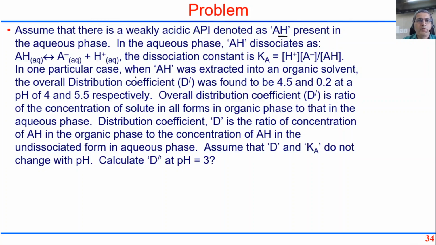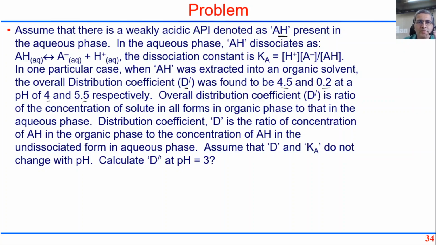Now in one particular case, when AH was extracted into an organic solvent, the overall distribution coefficient D prime was found to be 4.2 and 0.2 at a pH of 4 and 5.5 respectively.